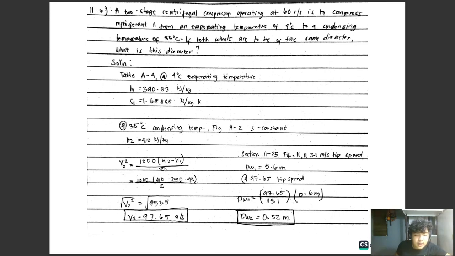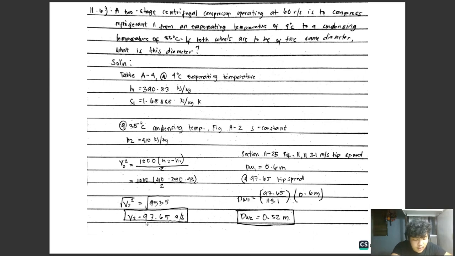After that, we need to substitute the values. And after substituting, we need to square both sides in order to get rid of the exponent, putting radical signs on both sides. So we have the value for v2 equals 97.65 meter per second.